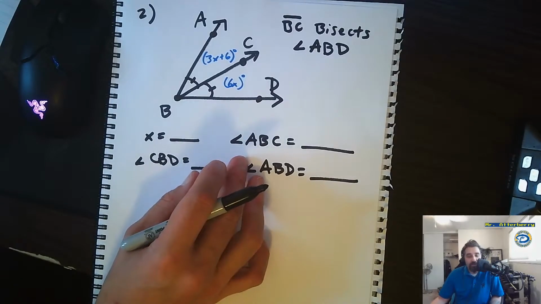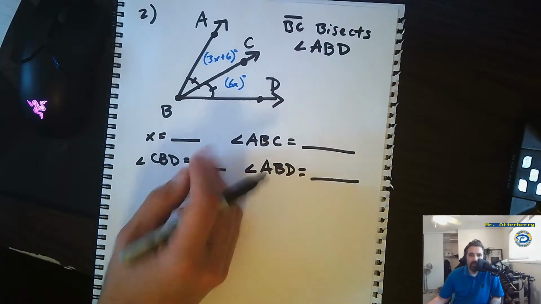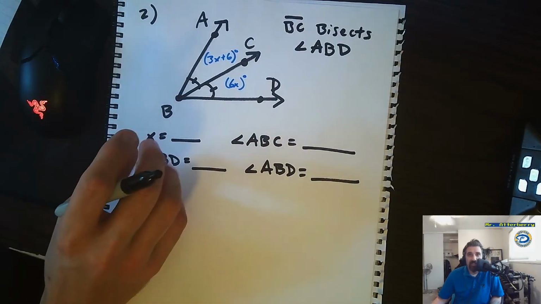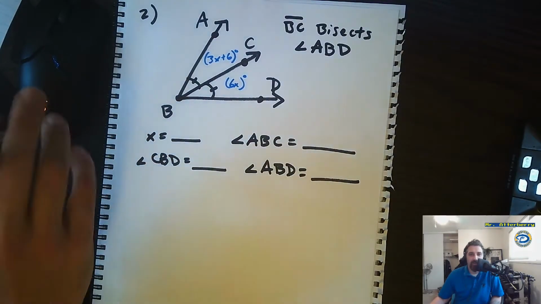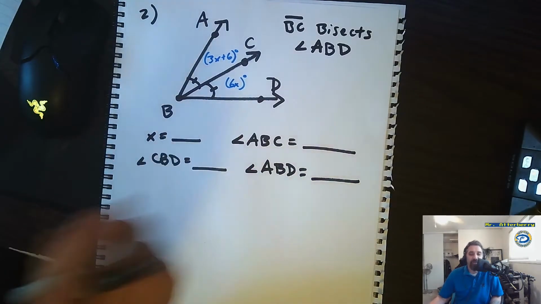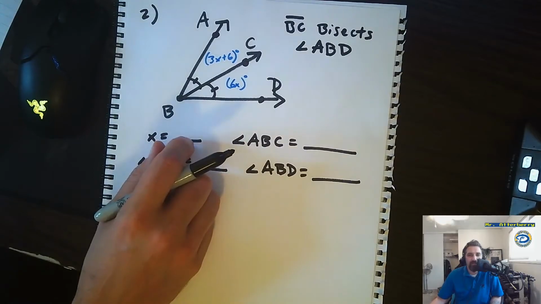And then they're going to want us to find the overall angle too. So it's very similar to the line segment. We're going to set them equal to each other and solve for x. Then we're going to take that x and plug it back into both equations to verify that they equal the same number. Add those numbers together, and that's going to be the bigger angle. Let's try it.